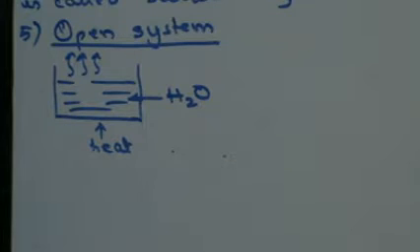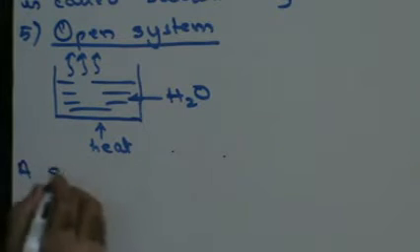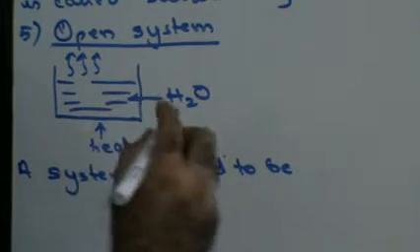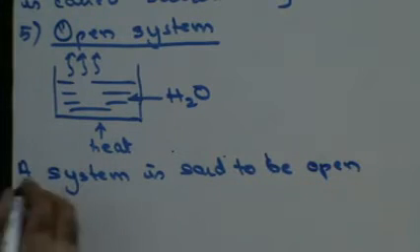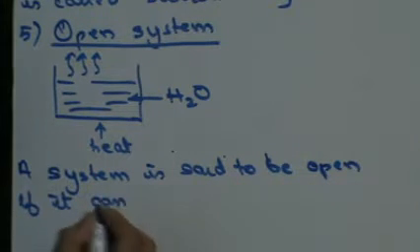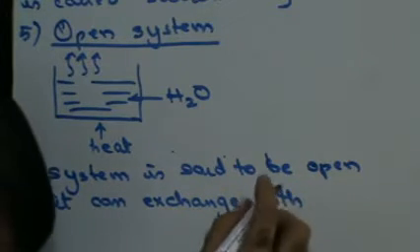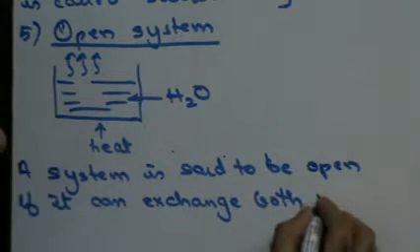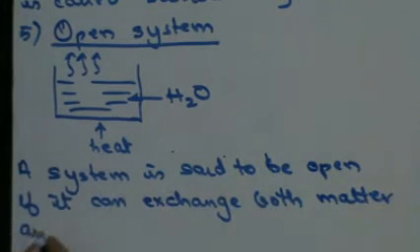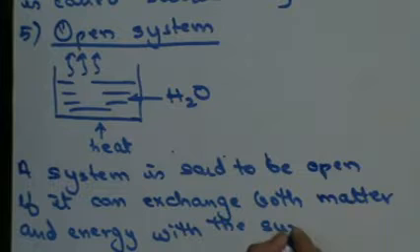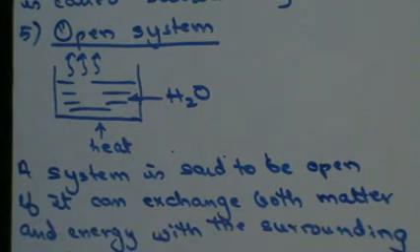If matter and energy can be exchanged with the surrounding, such a system is called an open system. Next, closed system.